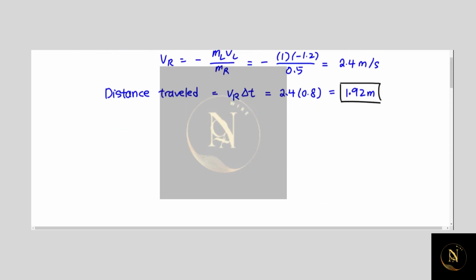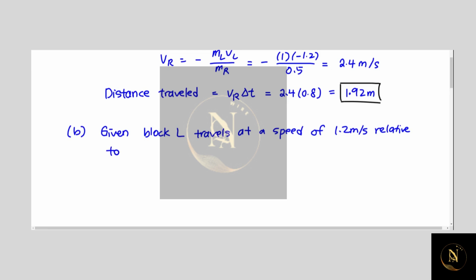In part B, we are given that block L travels at a speed of 1.2 meters per second relative to block R.